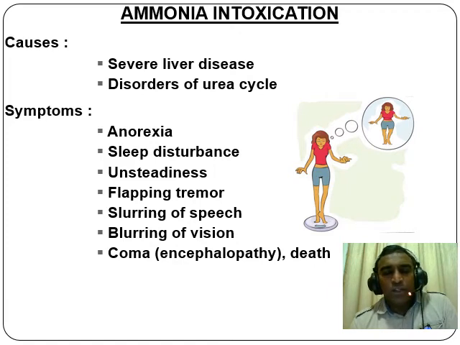If anything goes wrong with the liver, excess ammonia could build up in the body. Also, if one or two crucial enzymes in the urea cycle are defective, it could also lead to accumulation of ammonia, and that could be intoxicating.